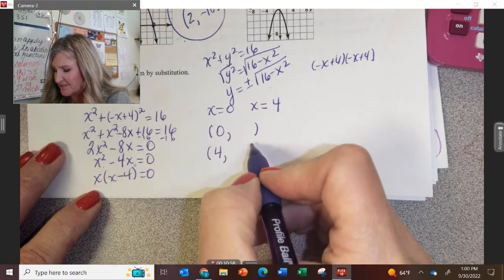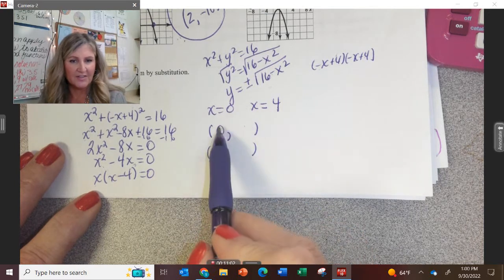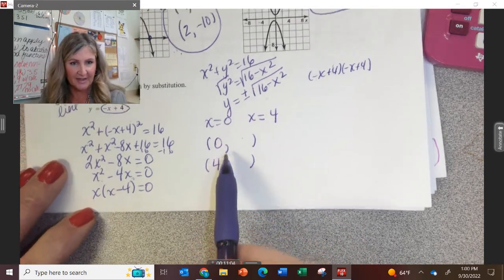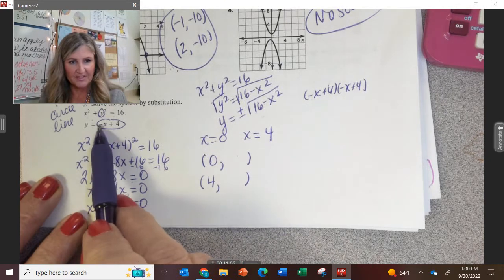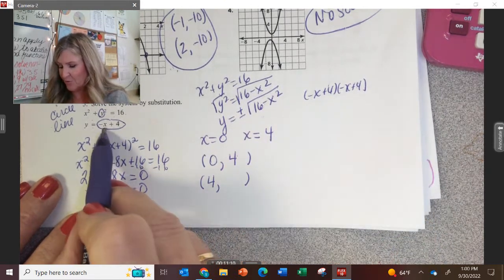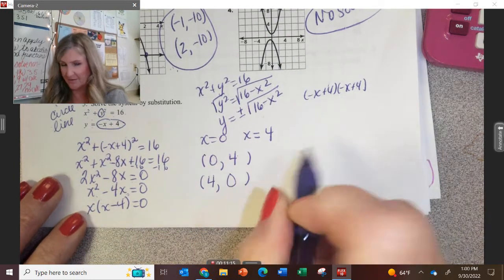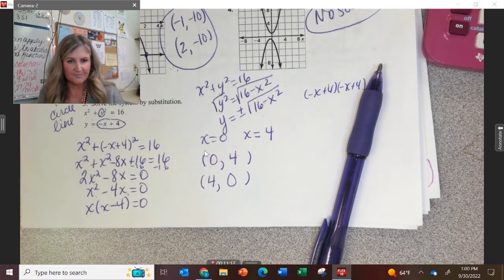My other x is 4. How do I find the y values that go along with these two x values? Plug them in. So negative 0 plus 4 is 4. Plug in 4 now. Negative 4 plus 4 is 0. Now, those are our solutions, 0, 4, and 4, 0.